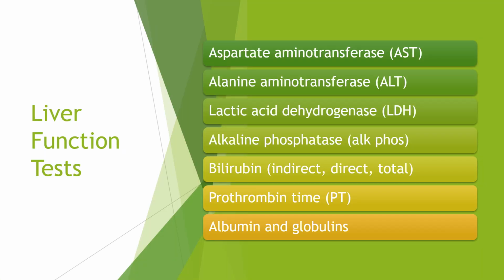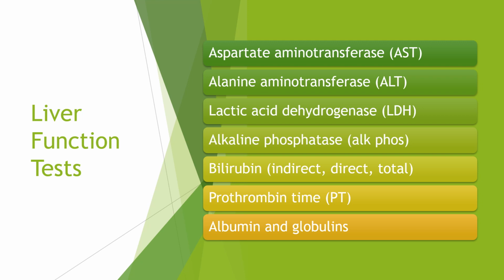Liver function tests that you should be familiar with because you are going to see them on orders as indications for exam. You'll see something that says elevated LFTs, or they may actually pinpoint the particular liver function test, LFT, that they performed.